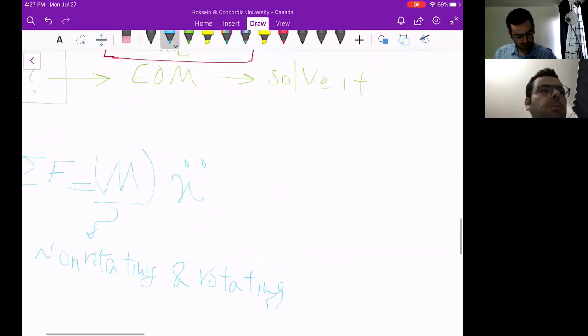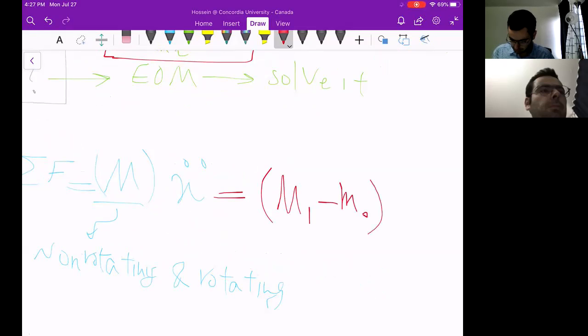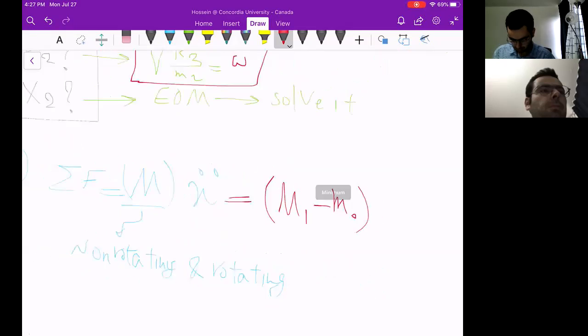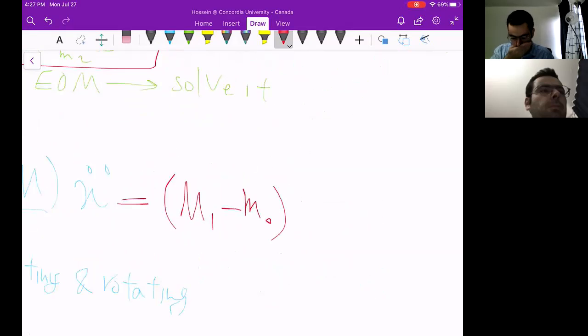That's why it's better to write it like this: M1 minus the unbalanced mass m naught times x double dot 1 plus m naught, the rotating unbalanced mass, times x double dot naught.